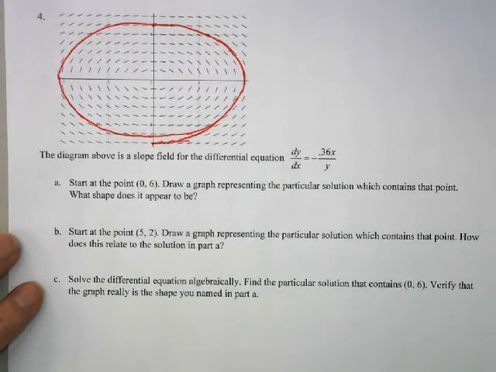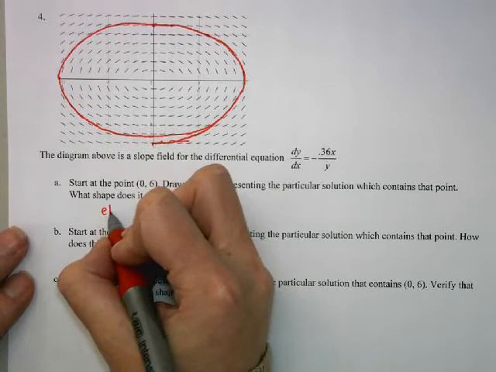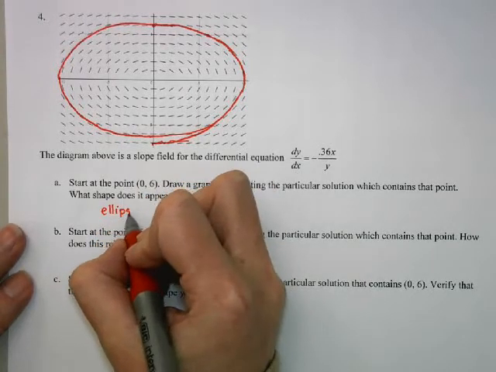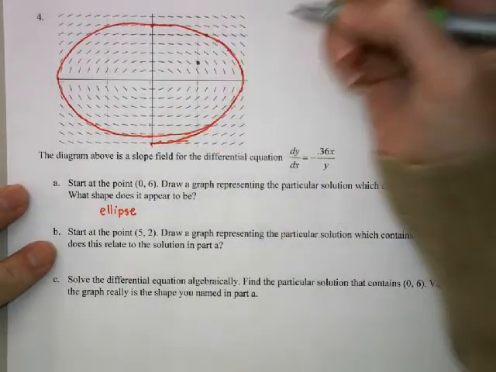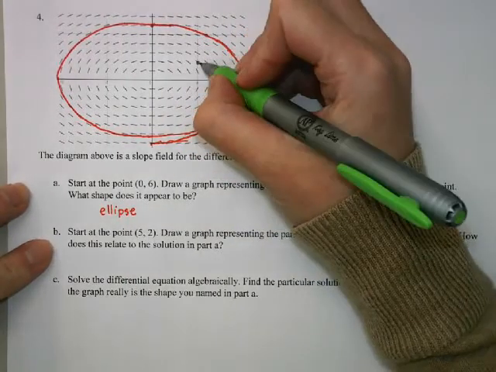Okay, so what shape does this appear to be? Well, if you remember back in Algebra 2, this looks like an ellipse. Okay, we're going to do the same thing starting at (5, 2). So each of these dashes are 1. So (5, 2) is going to start here.